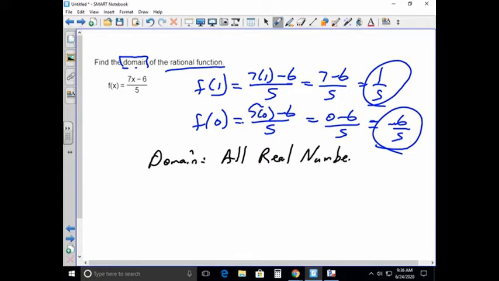Any number you can think of. Sometimes we use an R that looks like that to represent all real numbers, or we say every number from negative infinity all the way to positive infinity. So that's our domain. You might say, well, does that mean for every function, the domain is all real numbers?